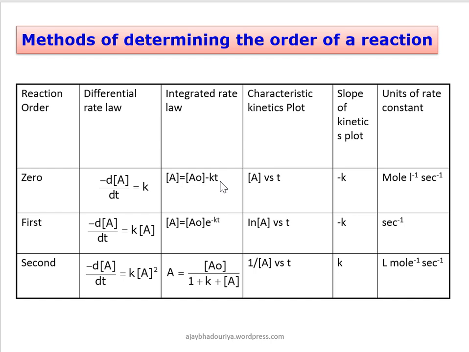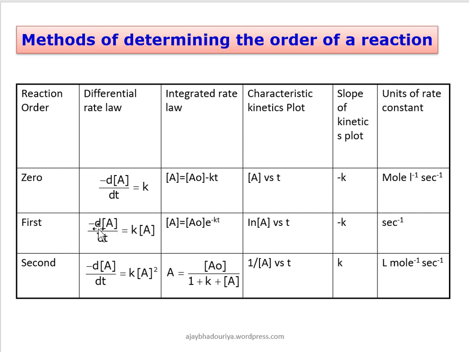As we have plotted the graph for the zero order, the slope of the reaction will be minus K. And the unit of the zero order rate constant is mole liter minus 1 second minus 1.